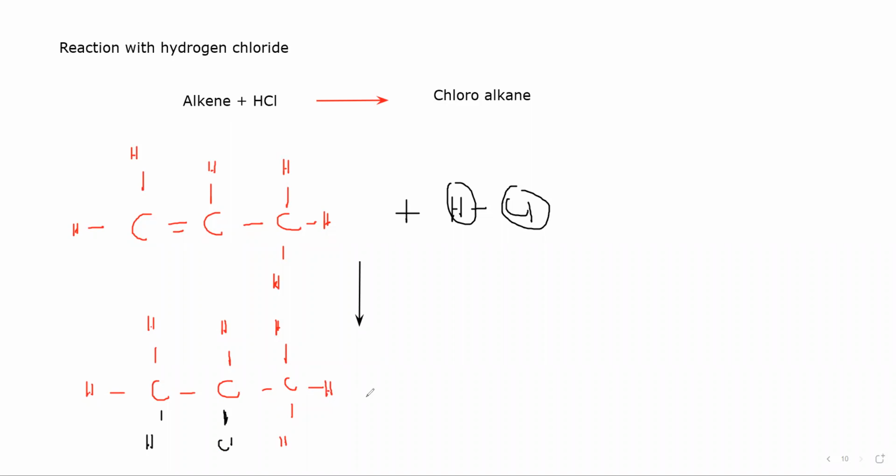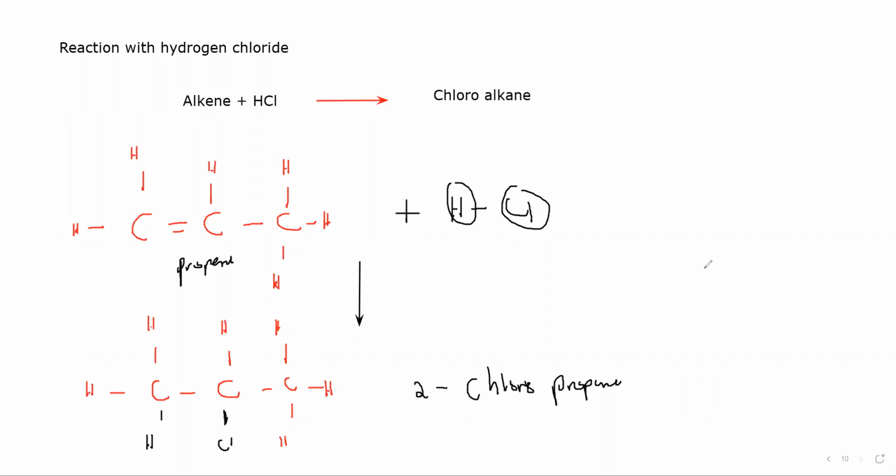So what is the name of this compound? This was propene. What is the name of this compound? Chloropropane. But because chlorine is on the second carbon, I can mention the position of the chlorine, so it is 2-chloropropane.